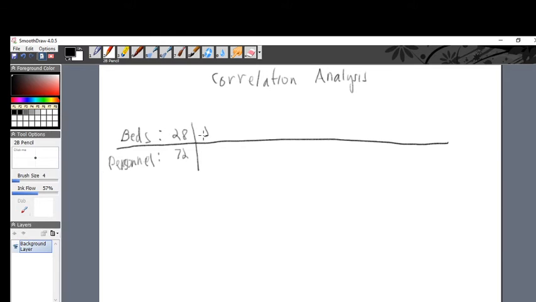Next one, this is the sort of raw data being gathered, and it's not even in order, but that's okay.